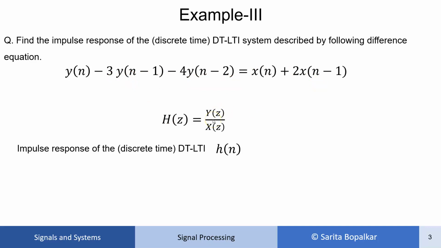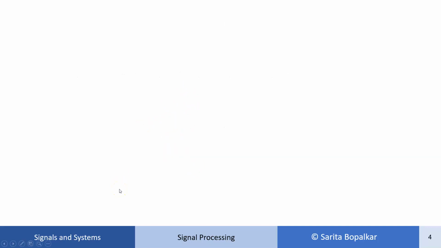Once you get this H of z, we can plot the pole zero plot. Poles are the roots of the denominator polynomial of H of z, and zeros are the roots of the numerator polynomial of H of z. The impulse response is the inverse Z transform of this H of z. Let's solve and find the impulse response and transfer function also.